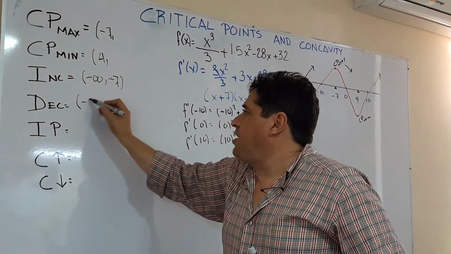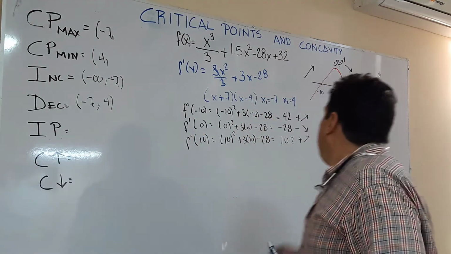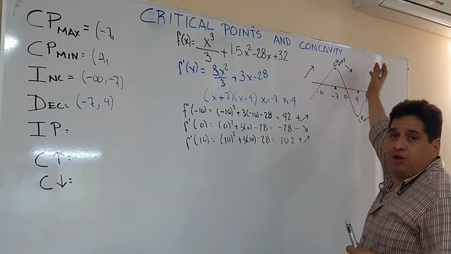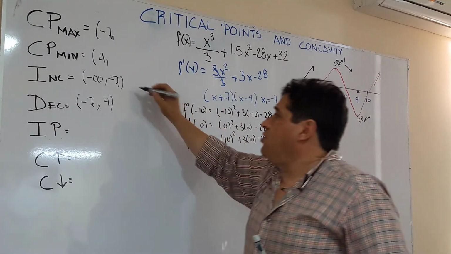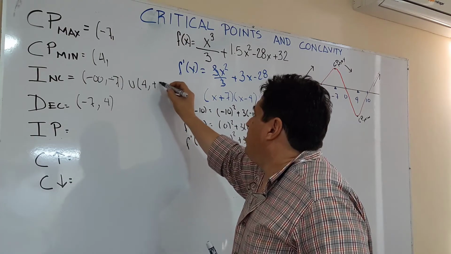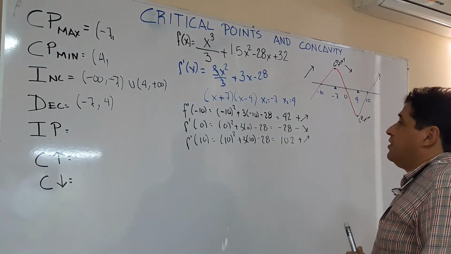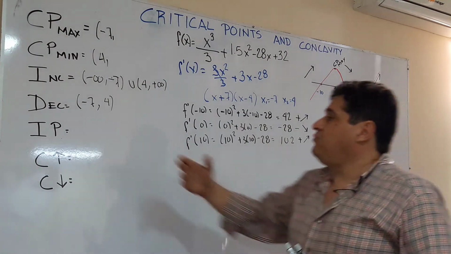So it's going to go from minus 7 all the way to 4. And then it's increasing again, and since we're talking about an interval, we have to go union with 4, positive infinity.